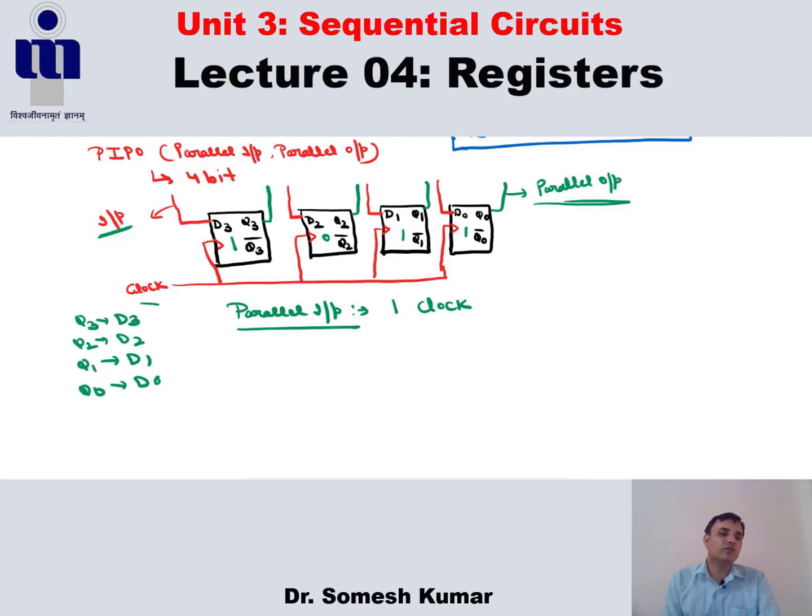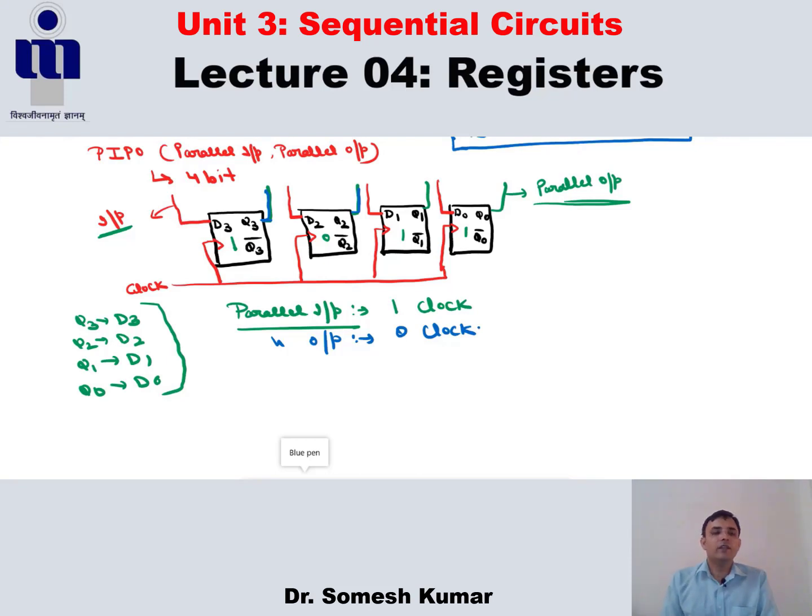So all these operations are performed in only one clock pulse. For the parallel output, how many clock pulses are needed? Already Q3 is connected to the output, Q2 is connected to the output, Q1 is connected to the output. So 0 clock pulses are needed for the output operation.